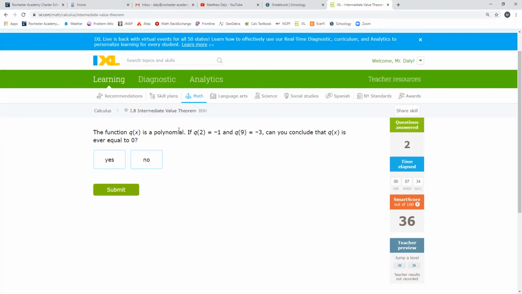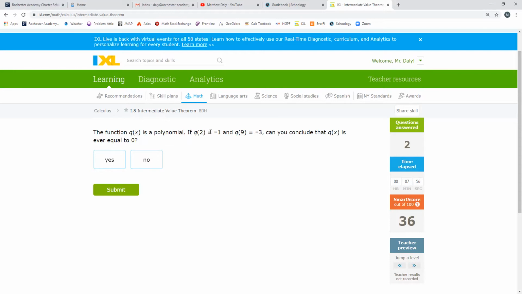The rational functions that we've been thinking about while doing limits are continuous everywhere except where the denominator is equal to 0. So any point other than that, the function is continuous there. Knowing that this function is a polynomial is enough for us to conclude that it's continuous.